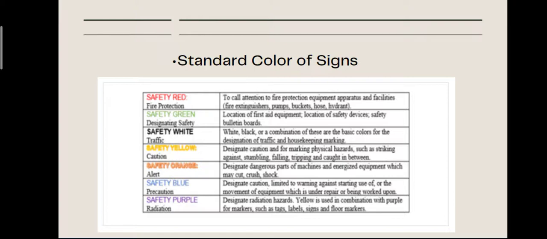For the safety green, it is to designate safety, which states the location of first aid equipment, location of safety devices, safety bulletin boards. Other standard colors of signs and their indications are written below.